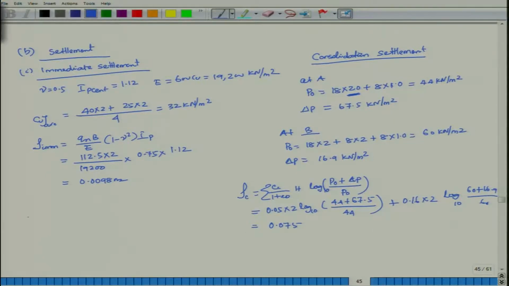Now, total settlement, which is equal to immediate plus consolidation, which is equal to 0.0098 plus 0.075. This is your final settlement.